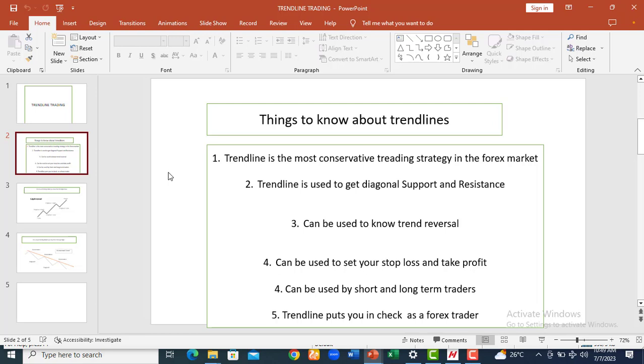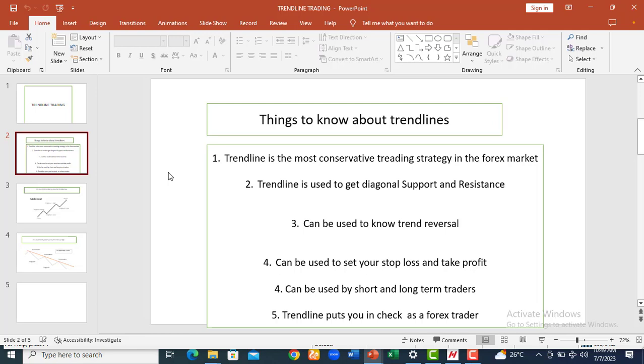It can also be used to set your stop loss and take profit. You can use a trendline to set your stop loss and your take profit. It can be used by short-term traders, long-term traders, medium-term traders. No matter the type of trader you are, it is available for all.